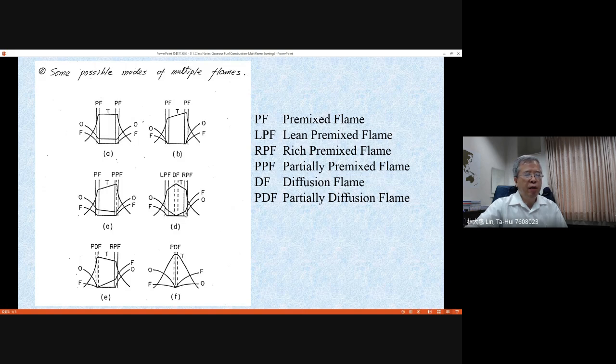Those oxygen and fuel coming from both sides will meet at a certain position in the region between the lean premix frame and the rich premix frame. Oxygen comes from one side, fuel comes from the other side. They are separate, right? And they meet together, which means they may produce a so-called diffusion flame. Okay, here this broken line tells you there is a possibility of a diffusion flame existing here.